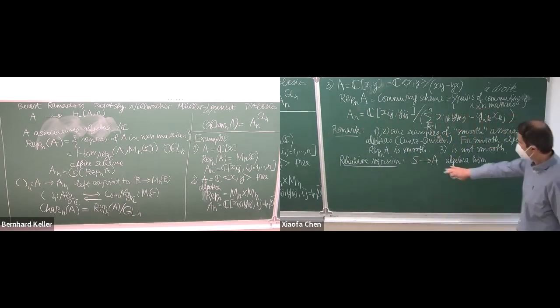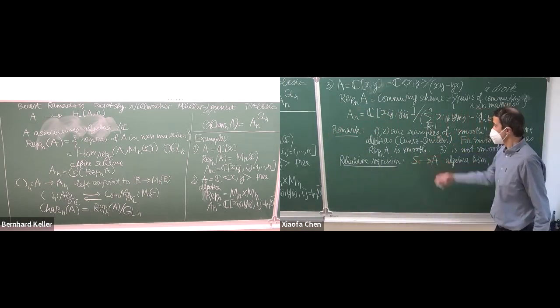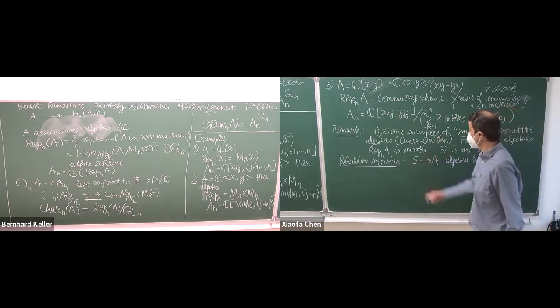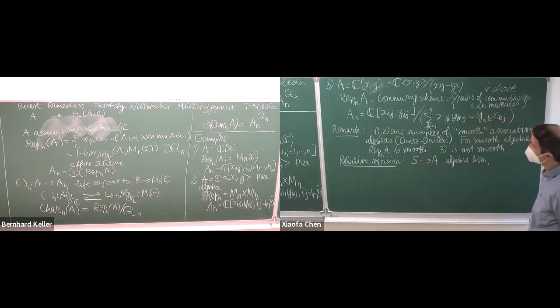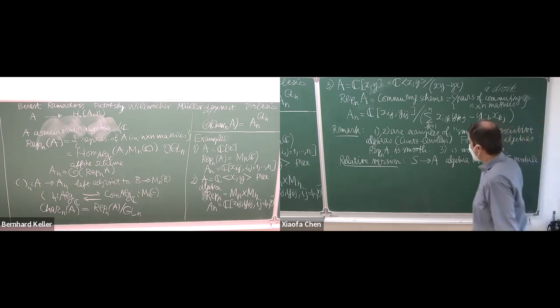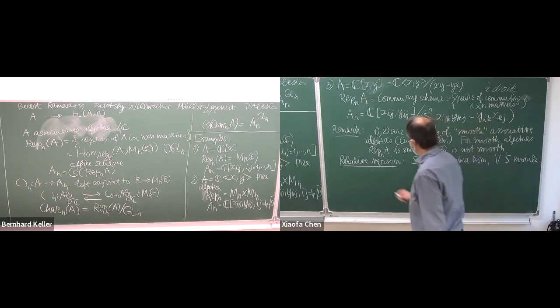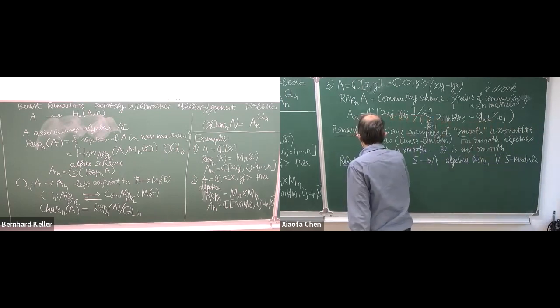So the basic case is where S is C. It's an algebra over S, but S is also an algebra over C. And V is a representation of S. So V is an S-module. It is a finite dimensional representation of S. And then you define the relative representation scheme.